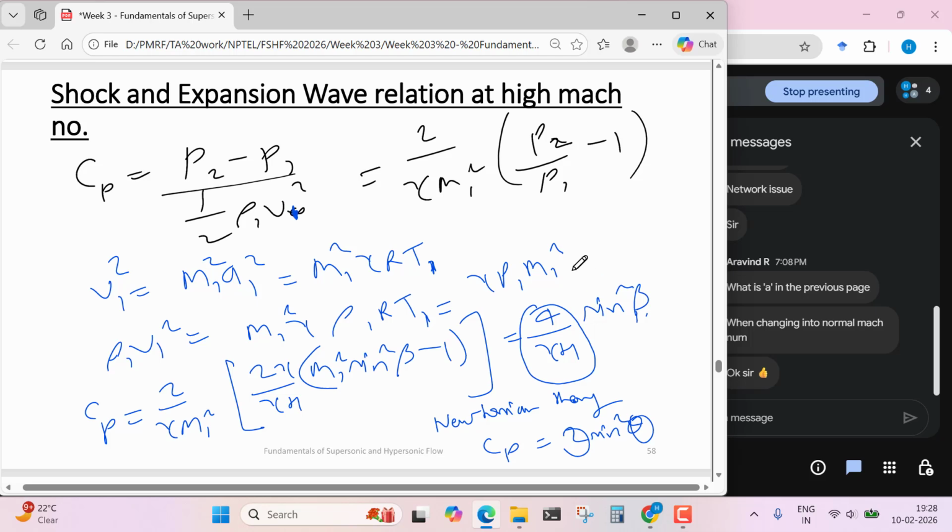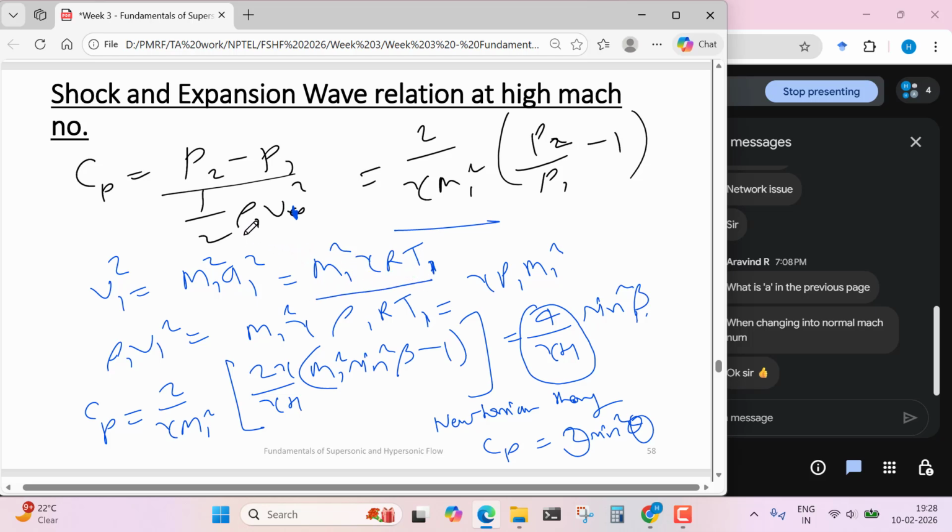Now we will see Cp, the coefficient of pressure. So Cp is given by P2 minus P1 upon half rho V1 square, which can be written as 2 upon gamma m1 square into (P2 upon P1 minus 1). How did we get this? Because V1 square is given by m1 square into a1 square. a1 is the speed of sound, and a1 square is nothing but gamma R T1.